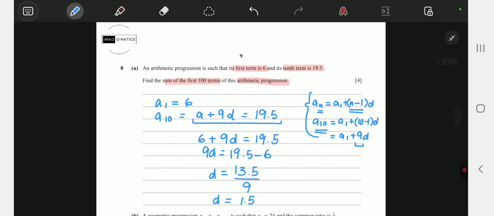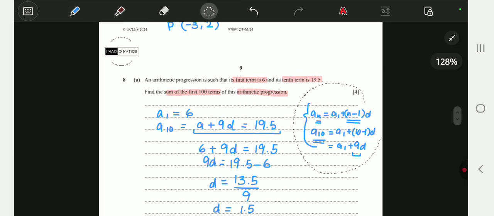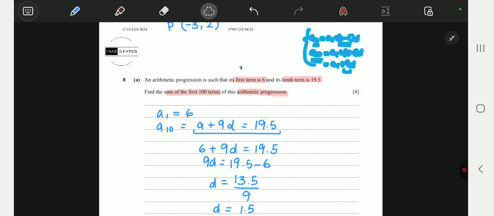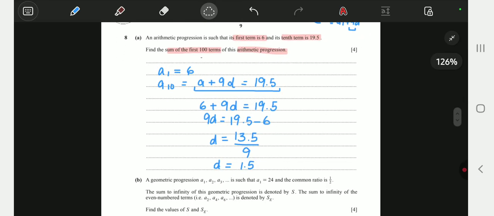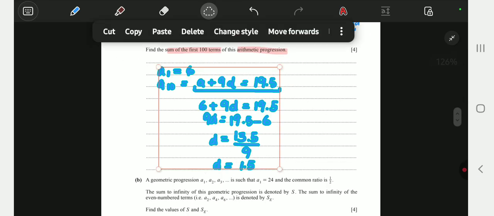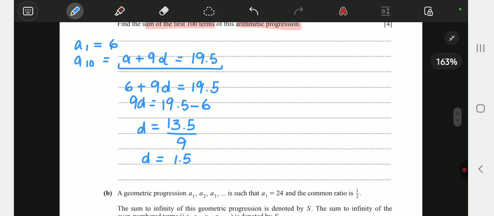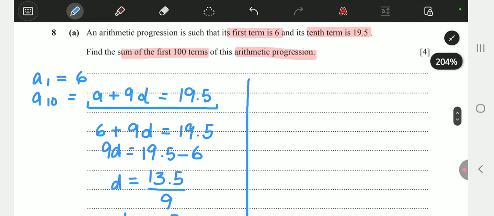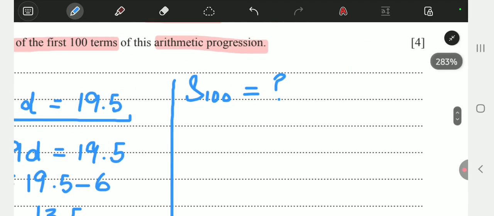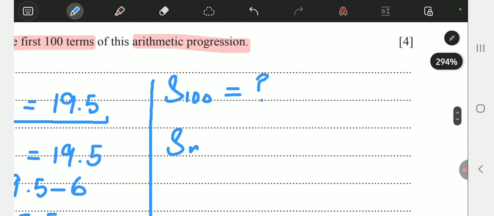Now what is the next thing that we need to do? This is an extra thing, so let's take it aside. Then we have done this whole calculation, so we can just adjust it over here. And now we need to find the sum of 100 terms. So S of 100, that is what we need to find. So what is the formula for sum of n?